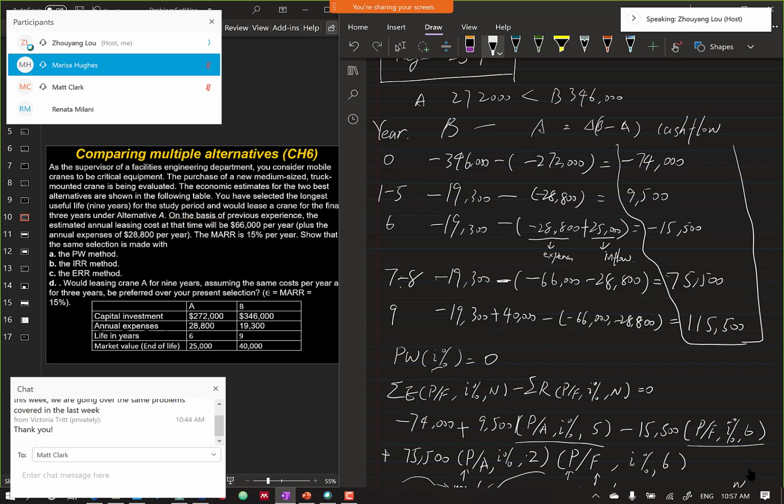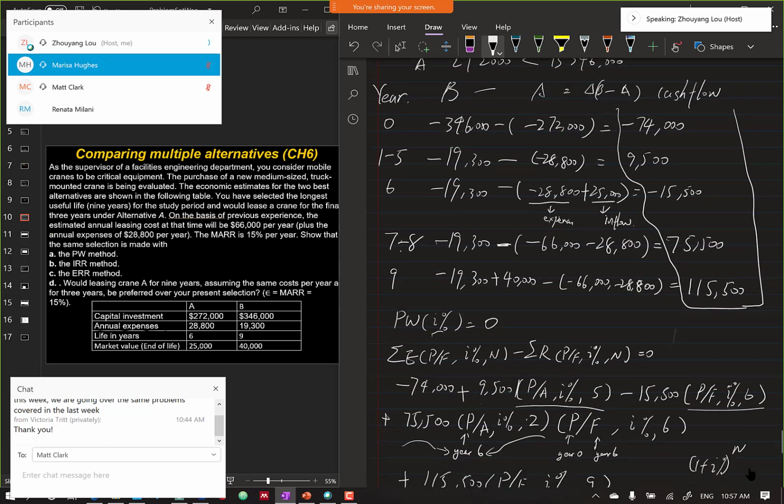For the first step, because we are doing incremental analysis using the IRR, we need to choose the baseline. The baseline will be the least expensive one in regard to the capital investment, and then we calculate the net cash flow for each year.